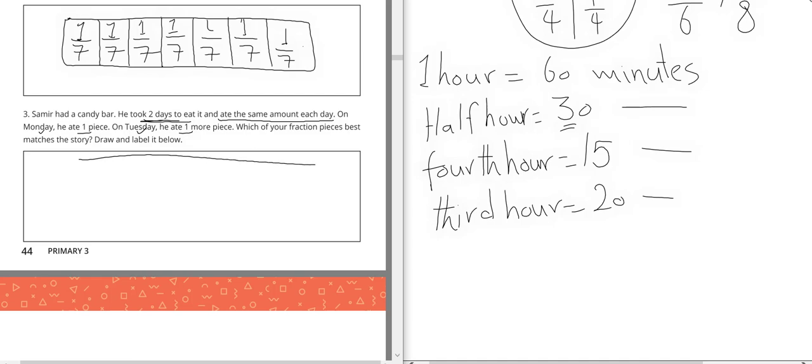Okay, he has a candy bar and he ate it on Monday and Tuesday and ate the same amount each day. So he must divide the candy bar into 2 equal parts. We have 2 equal parts, each part is called half. He ate this half on Monday and this half on Tuesday.